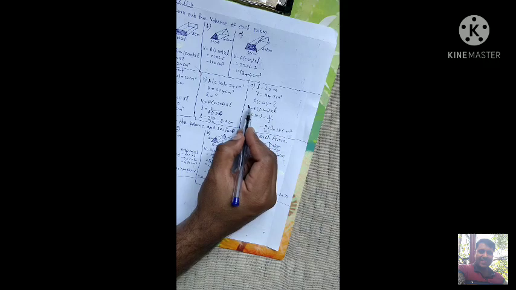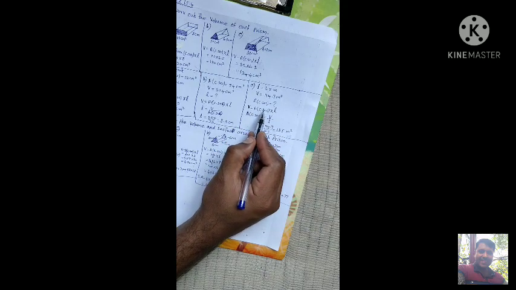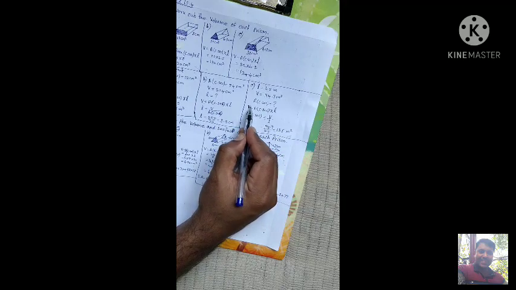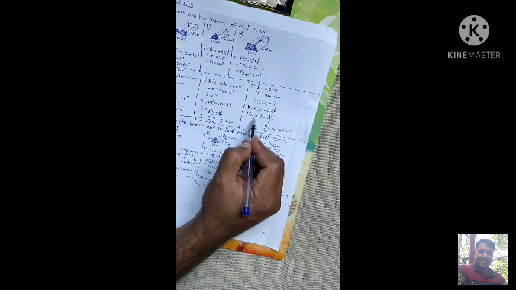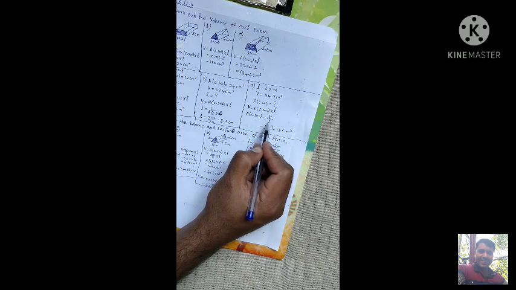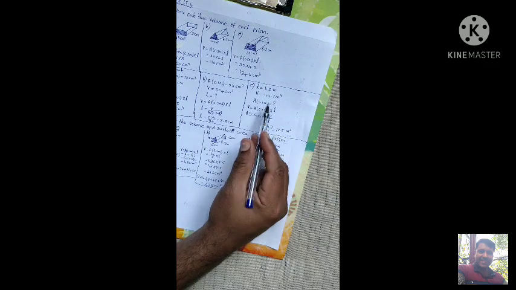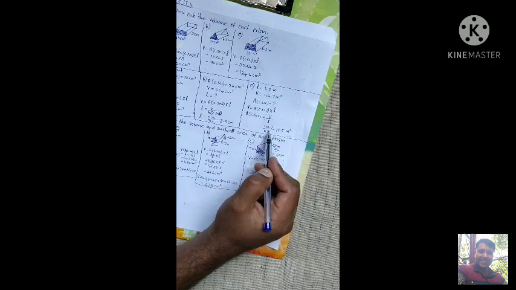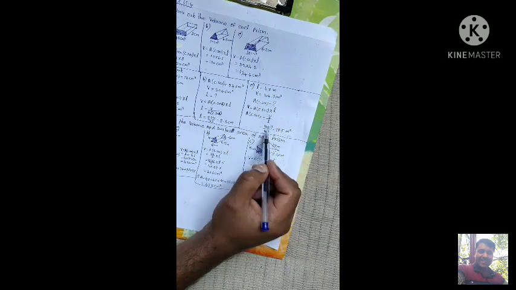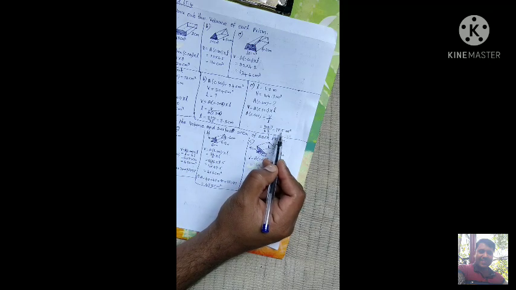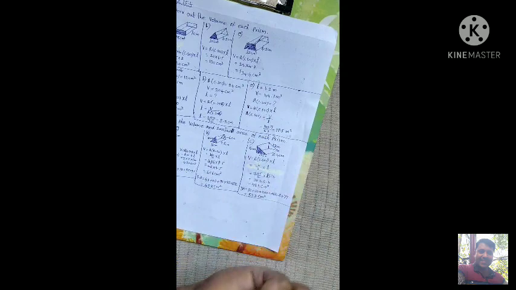Keep the area of cross section on the same side and bring the L to the other side. V is already here. When you bring this to the other side, it is V by L. So area of cross section equals V by L. Substitute the values: volume 114.7 divided by length 6.2. When you divide this, we get the answer 18.5 meters square.